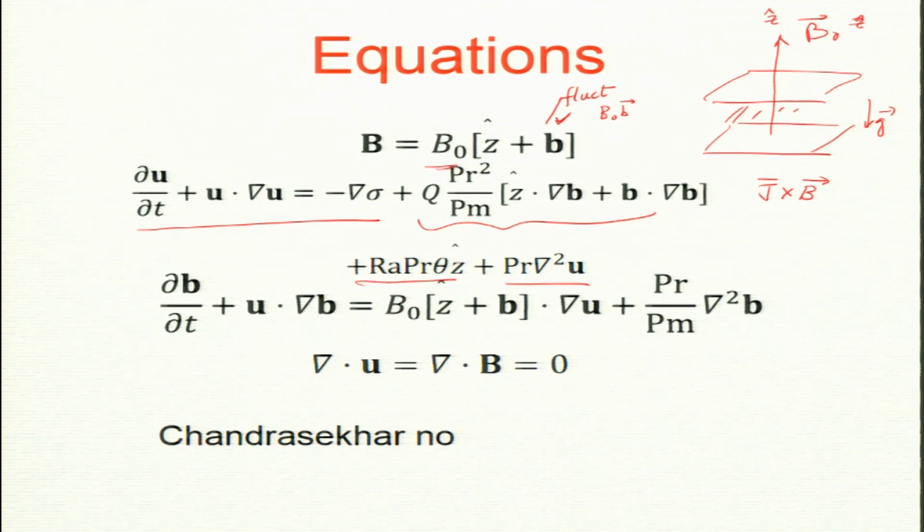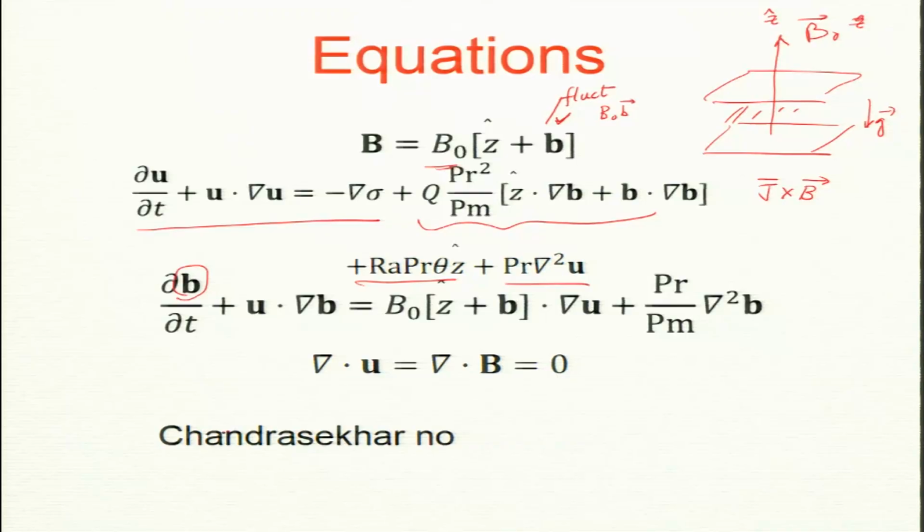But we need to write down the equation for the magnetic field as well. B naught is a constant magnetic field in space and time. The small b is the fluctuation which is evolving by this equation. Again it comes from Maxwell's equations, but we will not derive it right now.